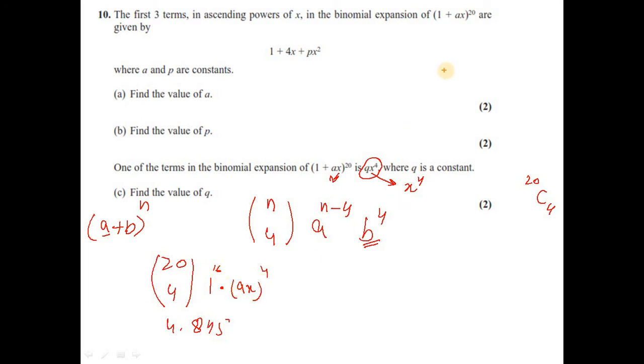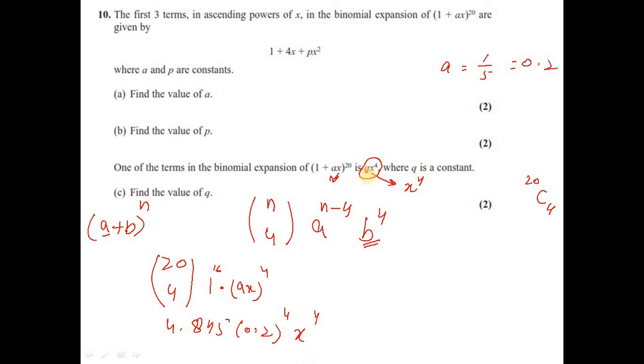A we have found 1 upon 5, and 1 upon 5 means it is 0.2. So a to the power 4 is 0.2 to the power 4, and x to the power 4.